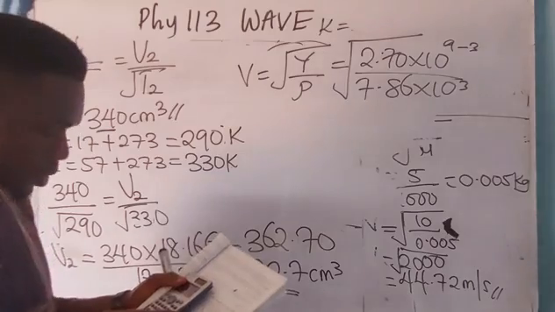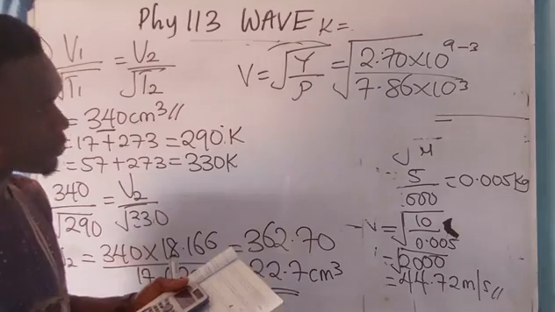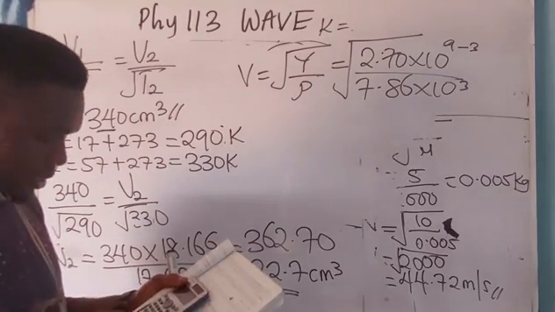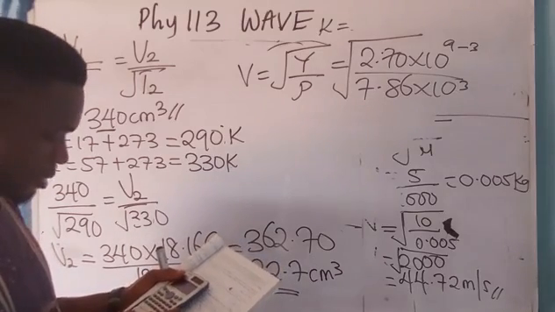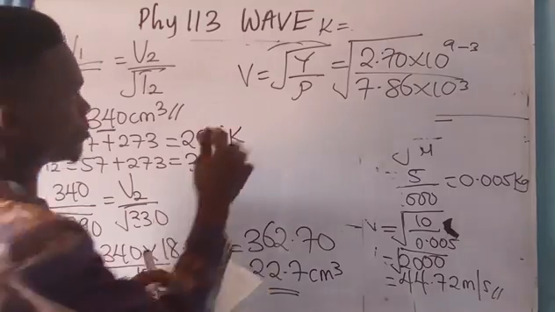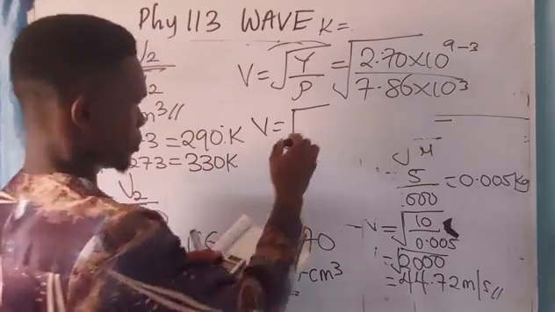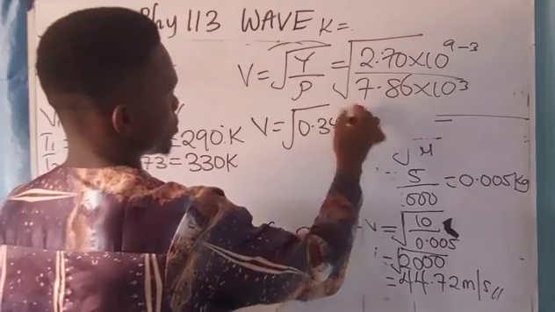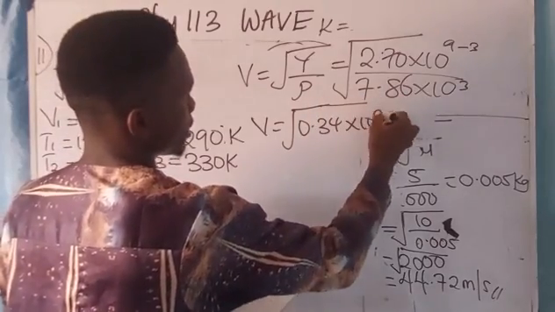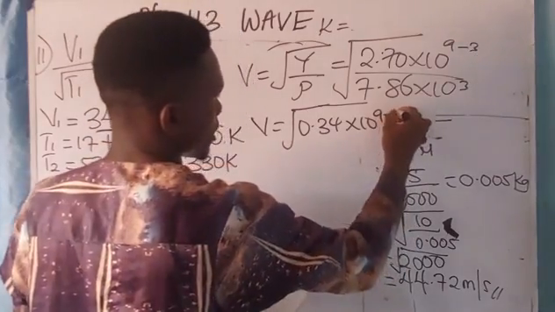Let me do it. I have 2.70 divided by 7.86 equals, I'll have V equals the square root of 0.34 times 10 to the 9, and this one becomes minus 3.